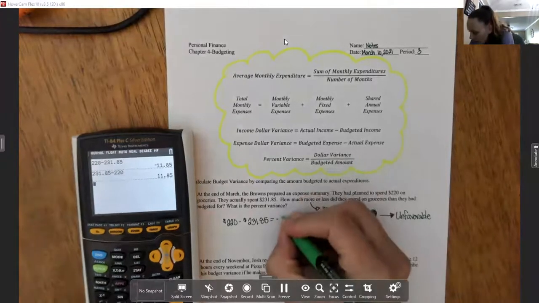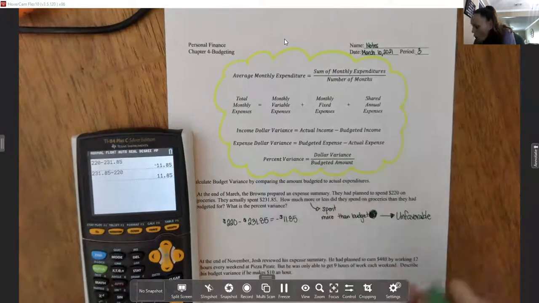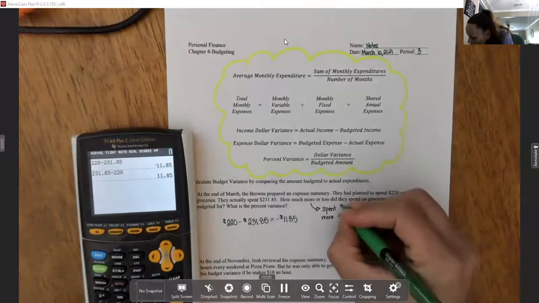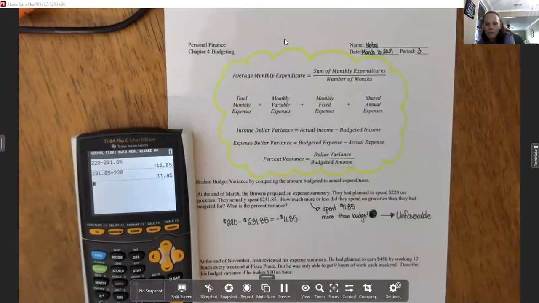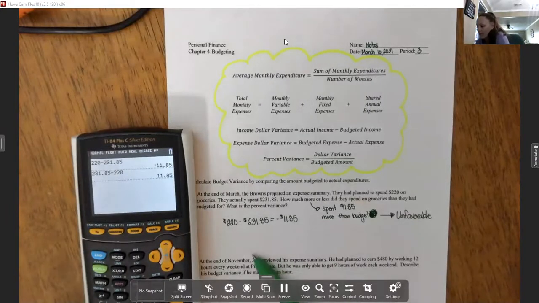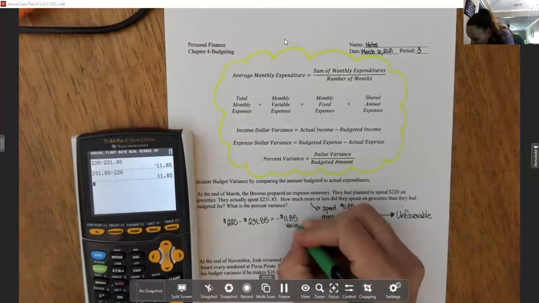So this is negative $11.85. Or you could say spent $11.85 more than the budget. It's unfavorable. There are several different ways to answer this that all mean the same thing. The variance is negative 11.85.